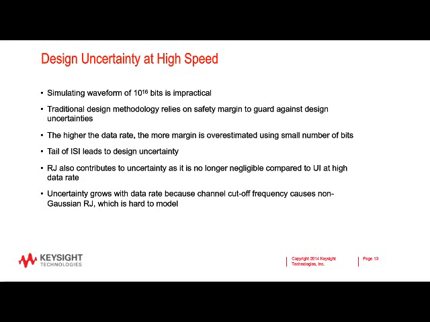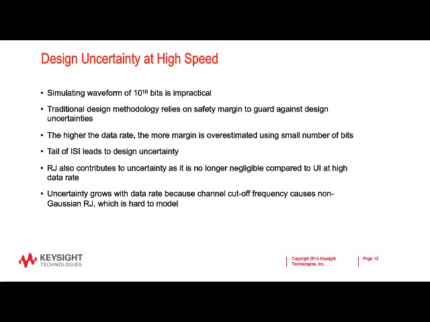So obviously simulating a waveform of 10 to the 16 bits is very impractical. And we want to get an accurate view of where this contour is because the traditional method used a kind of safety margin to guard against design uncertainty. With the very sloping walls of the bathtub curves that we'll see in the subsequent slides, that design margin would be huge. You'd have to give up a huge design margin to guard against this.